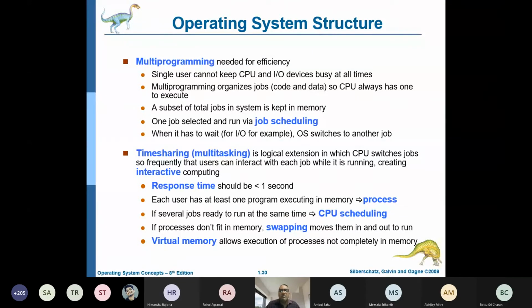That way the CPU is kept busy all the time executing one job or another. As long as a job needs the CPU, it keeps using it, and whenever it needs IO, the CPU will suspend the job and it will be passed on to the IO queue, and then the CPU will take up the next job.